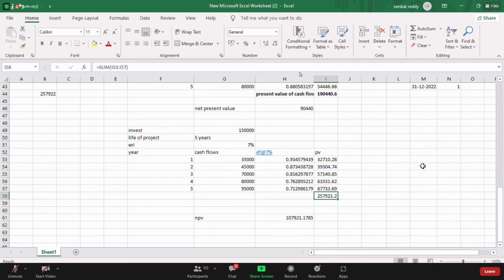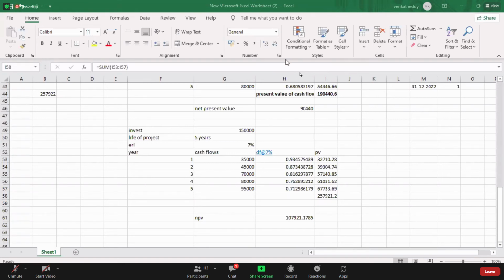And the initial investment, whatever amount you are investing, is a cash outflow. So cash outflow we assume as negative, and cash inflow we consider as positive. Whatever the present value of cash inflow is, we assume it as positive, and whatever we are spending on the project, we assume it as negative.